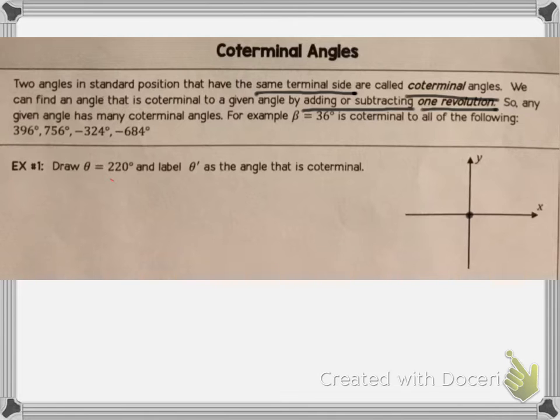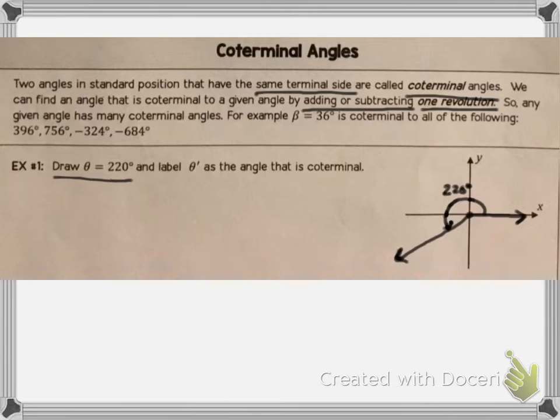So again, I draw my vertex at the origin, draw my initial side of that angle along the x-axis, and this will be 0 degrees, then I'm hitting 90, back to 180, and I need to go to 220. So 220 would be somewhere right in here, because if I keep going, it would be 270 degrees, so this is 220. That's my angle that they call theta.